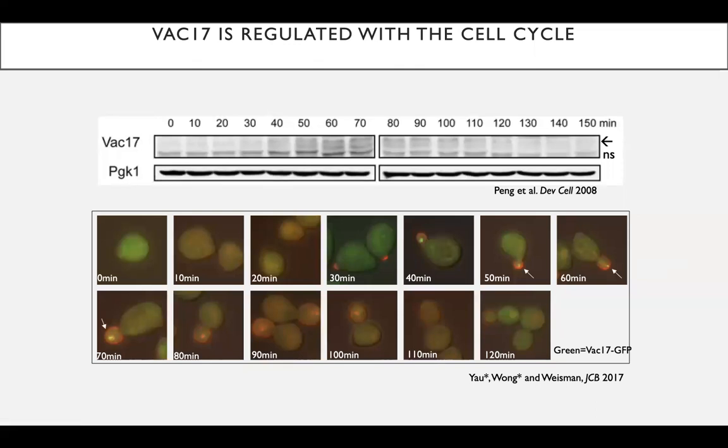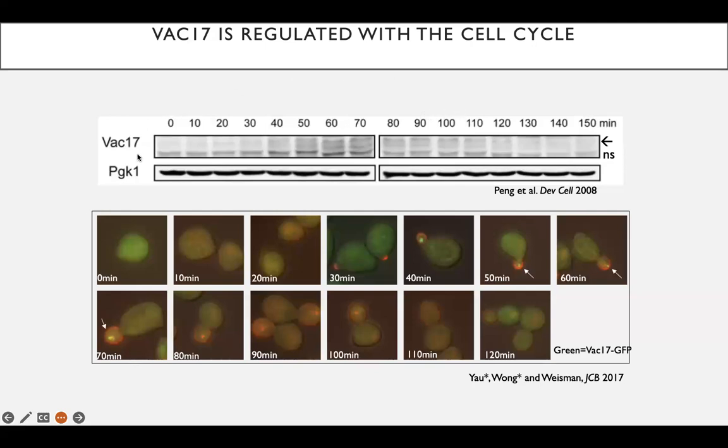So you can stop a whole culture of yeast cells such that they're all in G0 at your 0 time point, and then allow them to start going through the cell cycle. In this case, samples were taken every 10 minutes as yeast went through their cell cycle. For the most part, yeast end up completing their cell cycle after about 90 to 100 minutes.